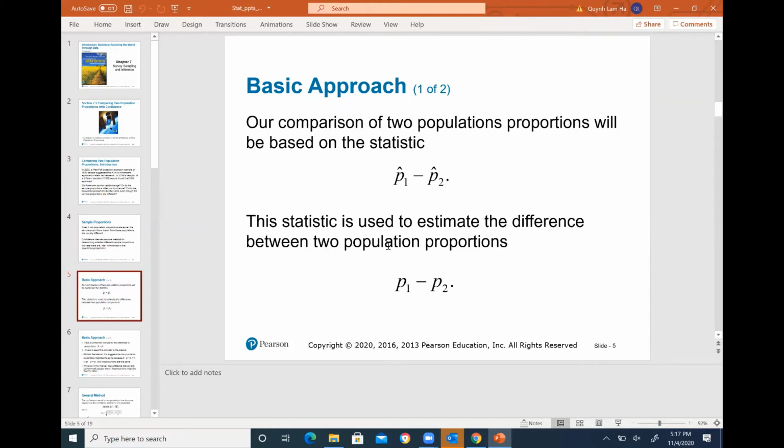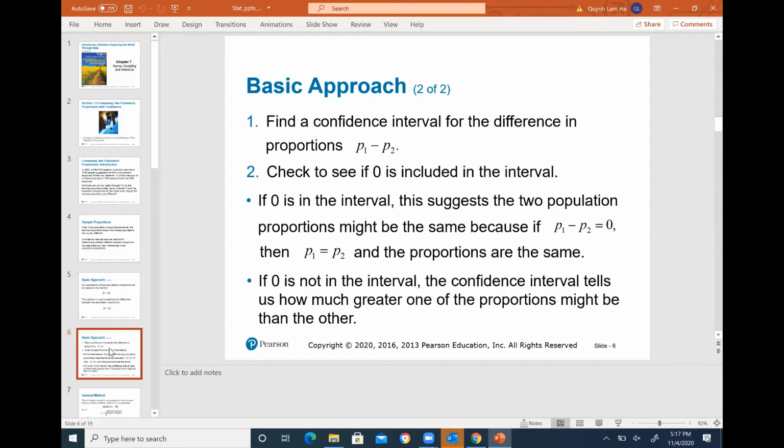This statistic is used to estimate the difference between two population proportions. Like I said, p hat will be estimating for p. If the problem is talking about p hat, the sample, then we use that formula. If they're just talking about the populations, then we use that one. They've given us two formulas, so in that case you will know which one to choose.